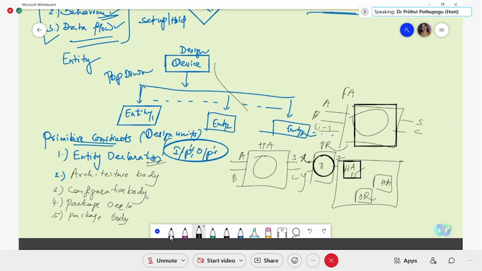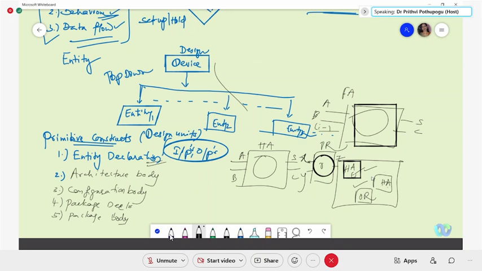The configuration declaration defines what hardware you are using in the entity design. That means it specifies, say in your architecture body, for the full adder, a half adder is there.